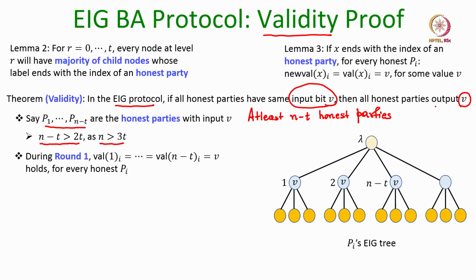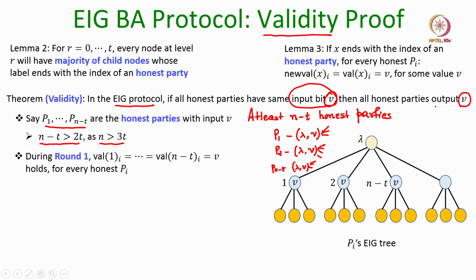P1 would have sent the message (delta, v) to everyone, P2 would have sent the message (delta, v) to everyone, and so on up to P sub n minus t, because we are assuming that the inputs of all the honest parties are the same.